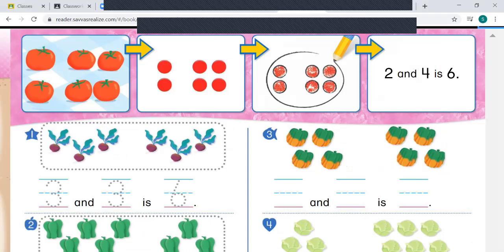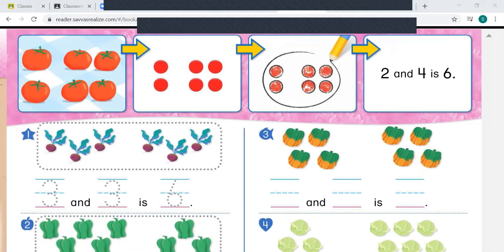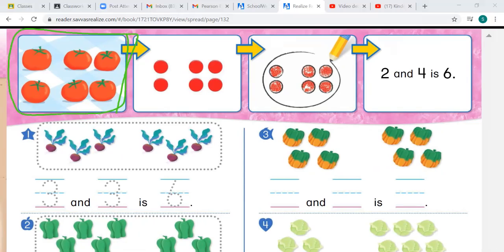Let's look at our first box here. What number story can you make up about the vegetables in this box? So we have tomatoes. We can say, I picked 2 tomatoes, and then I picked 4 more tomatoes. How many tomatoes did I pick in all?